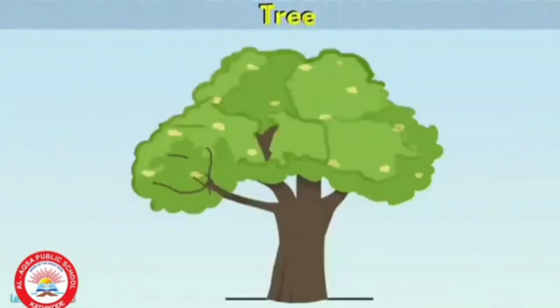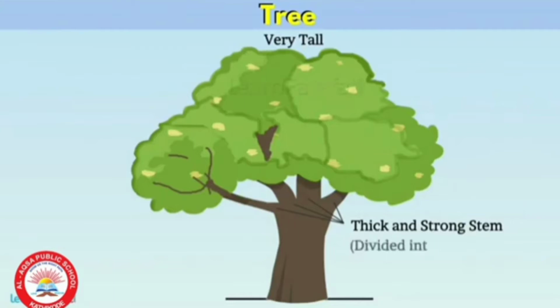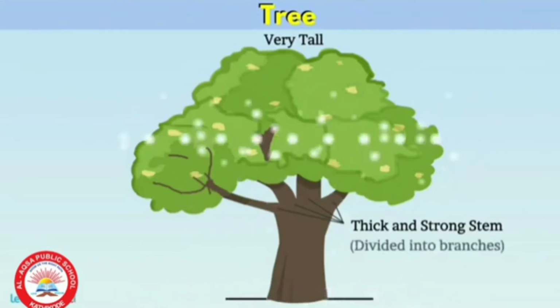Let us discuss one by one. The first one, trees. They are very tall and they have a thick and strong stem, and this stem is divided into branches.